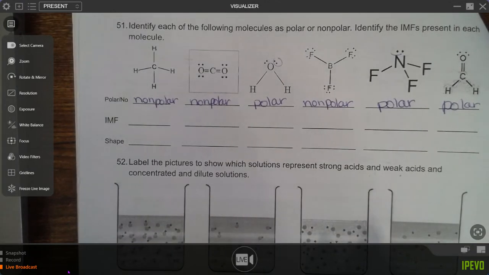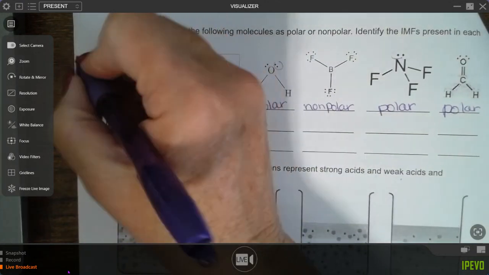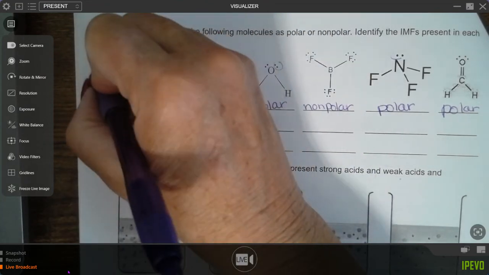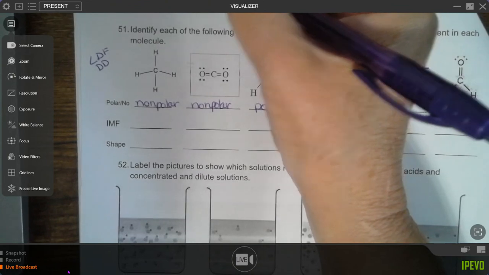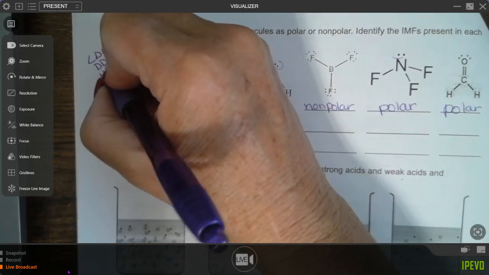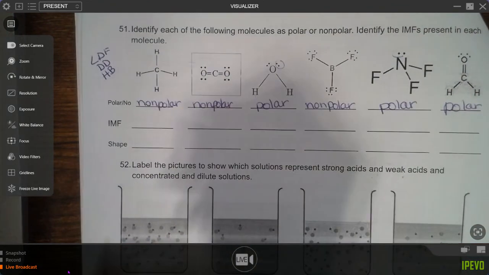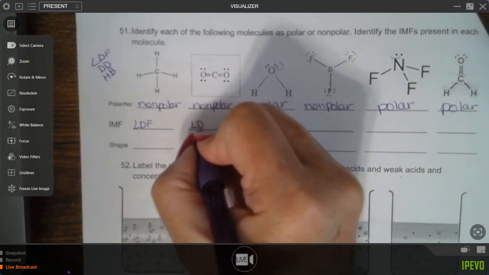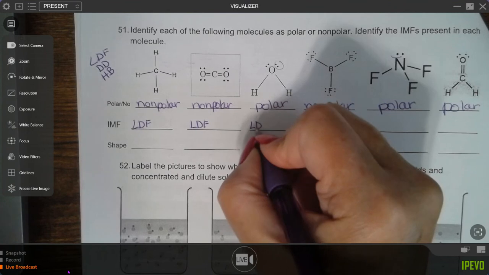Okay, now, intermolecular forces. Remember, we have London dispersion forces, LDF, dipole-dipole, and hydrogen bonding. Remember, every single compound that we look at has LDF.